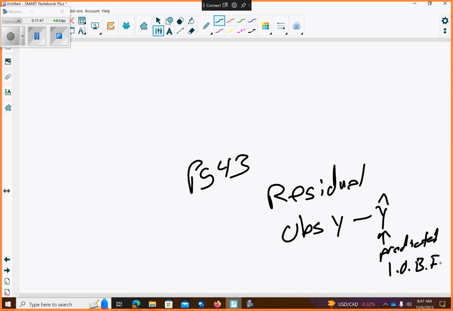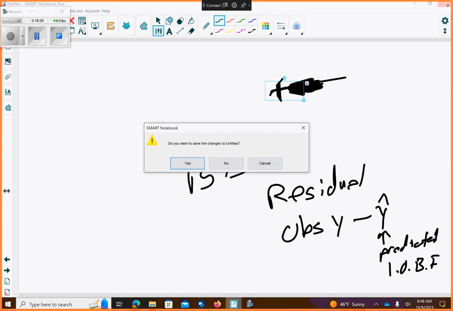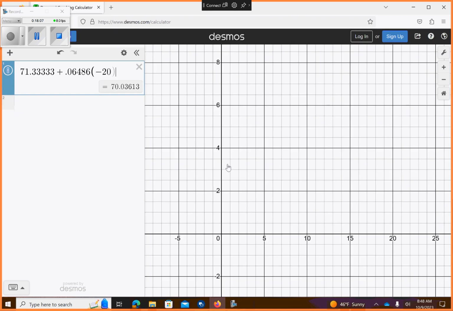So a positive residual occurs when the predicted value of the response variable is less than the observed. Negative residual occurs when the predicted value is greater than the observed. A residual of 0 occurs when the predicted value is equal to the observed.